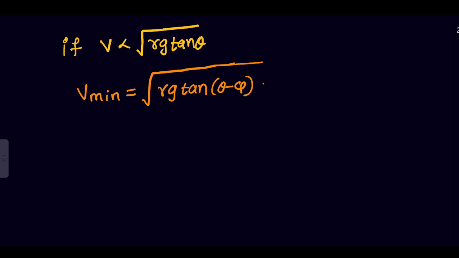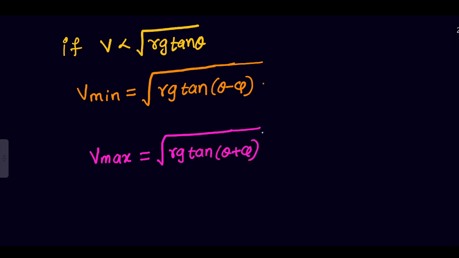So finally the safe speed of the vehicle should lie between V minimum and V maximum. V maximum is the square root of Rg into tan of theta plus phi.